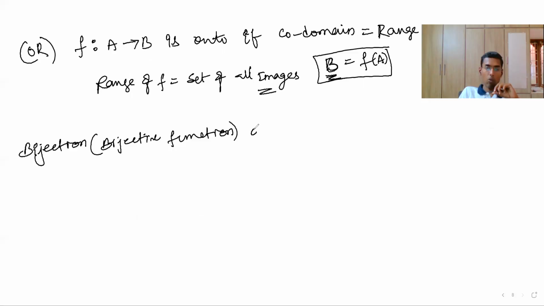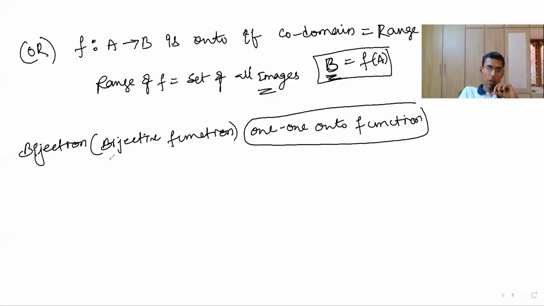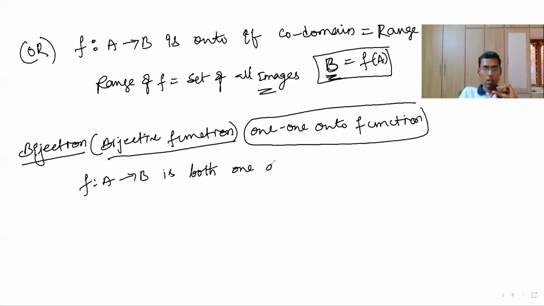Or simply you can say one-one onto. It is both one-one and onto. Such a function you can call bijective, or simply bijection. So f maps A to B and is both one-one and onto. The essential condition is that the number of elements in B must be equal to the number of elements in A. This is a bijective function.